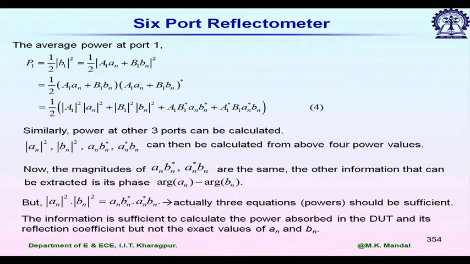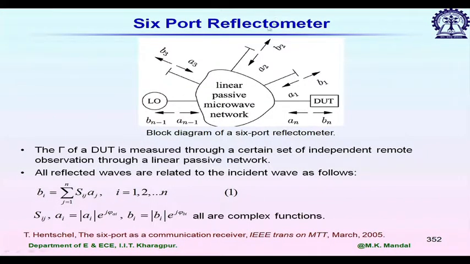So, let us see here, then the average power at port P1, we have 4 observation ports P1 to P4, we are calculating average power available at port P1. So, if I go back, you see the power coming out from port P1, it can be represented in terms of B1.